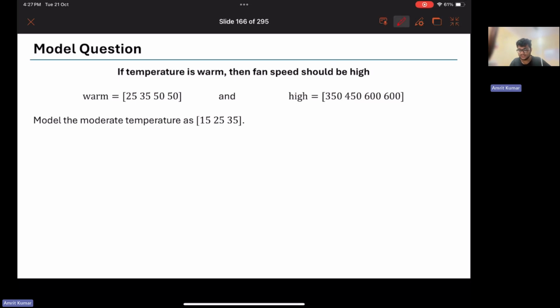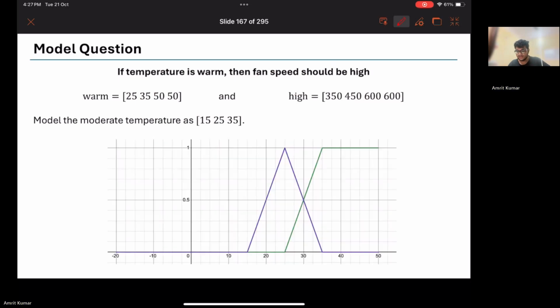Our input fuzzy set A dash is basically moderate, and that is given by 15, 25, and 35. So let us plot A dash and A together, or in other words, moderate and warm together. We are required to do Mamdani inference scheme.